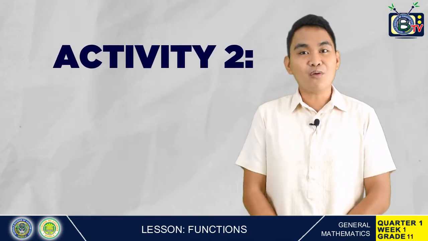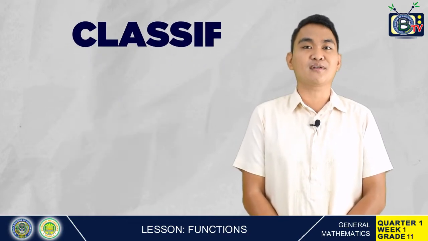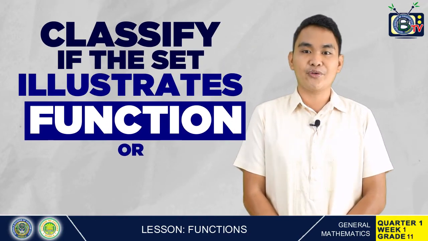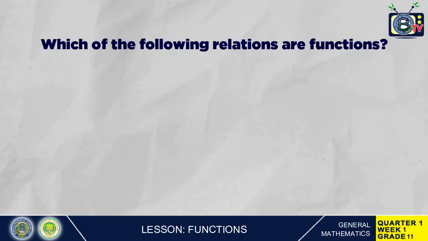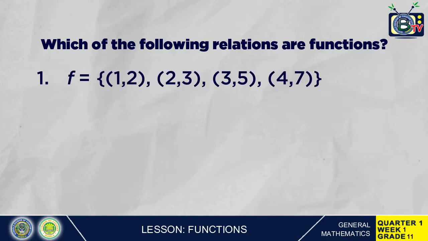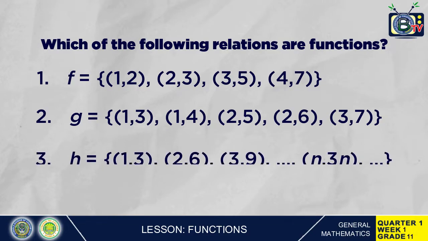Next, in our second activity, given sets of ordered pairs, we are going to classify if the set illustrates a function or not. Here are the items. Which of the following relations are functions? Is it number 1, number 2, or number 3?